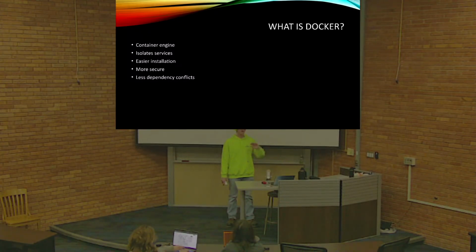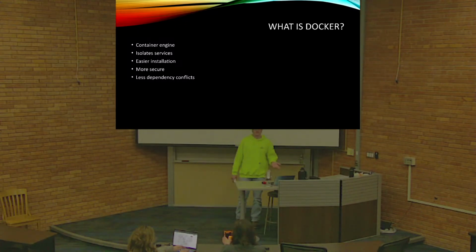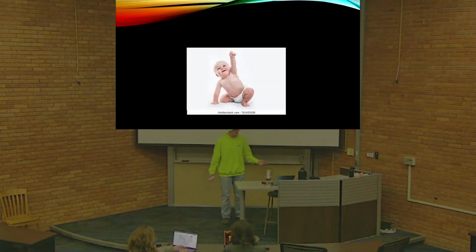There are entire repositories dedicated to pre-built images for containers of services. They're also more secure because of isolation from the host, and there are fewer dependency conflicts because once again, it's just a container. You pull it down, you run it, you call it a day.